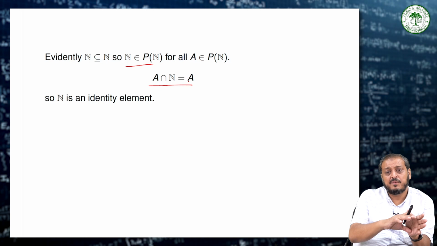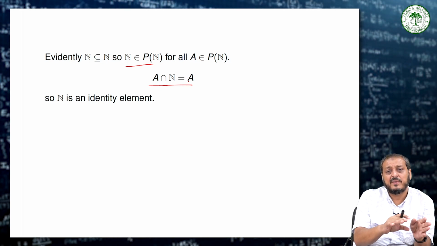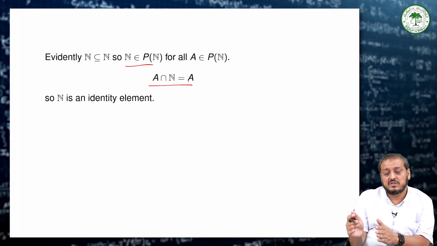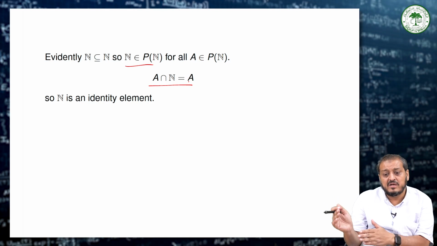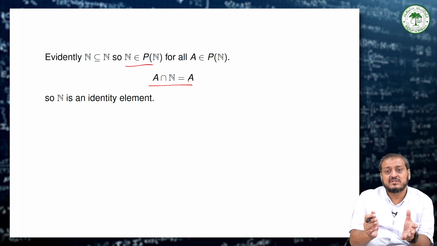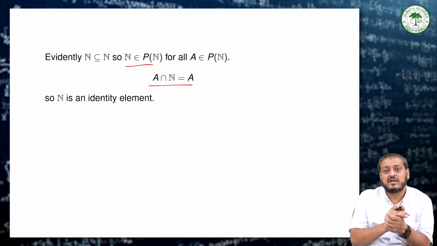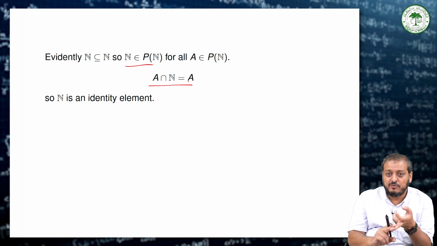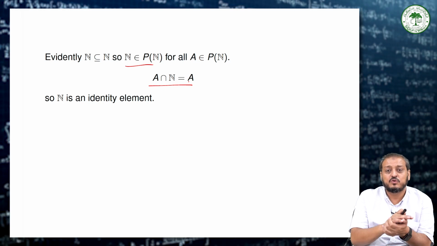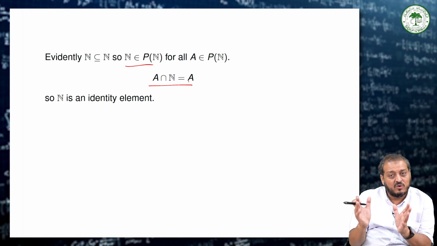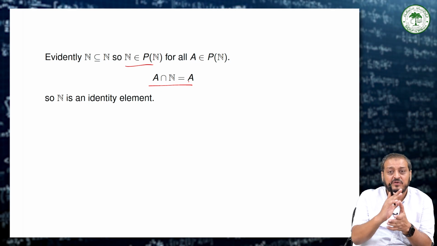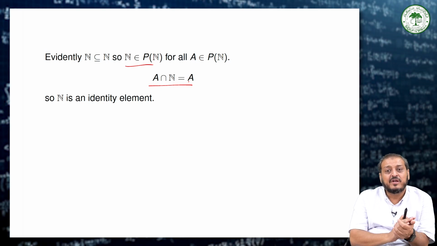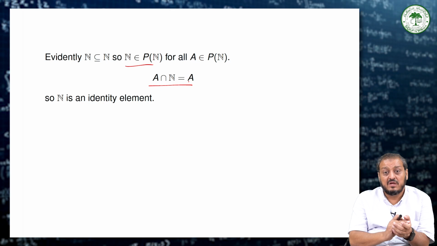So closure holds, associativity holds, and the identity also exists. The whole set is the identity element under the binary operation intersection on this power set.